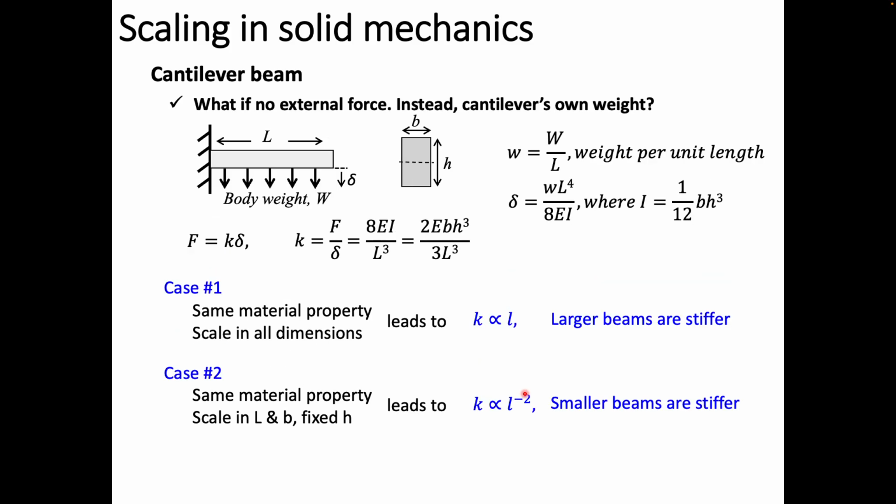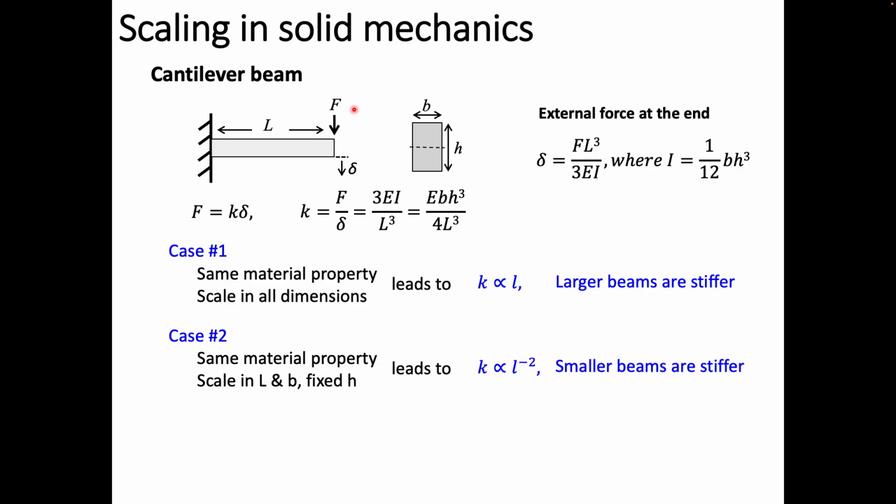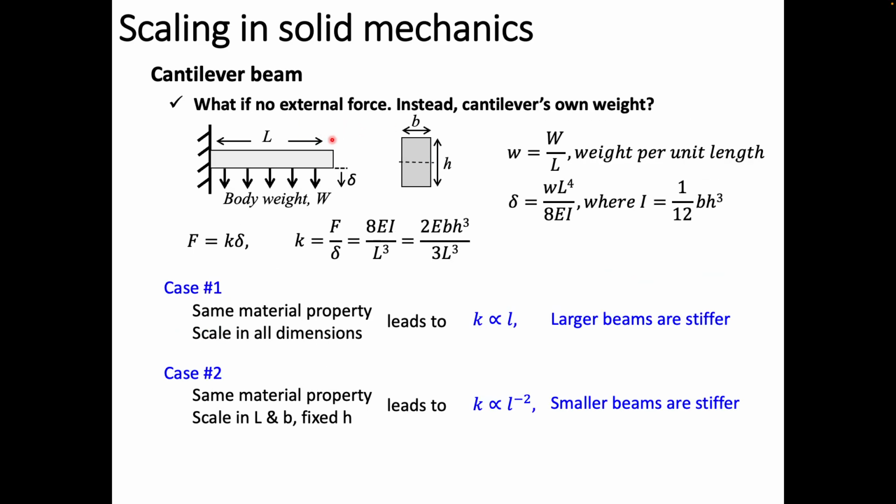This is just another example. What if there is no external force, and instead we are dealing with just the cantilever's own weight? Previously we applied the external force at the end, but now there is no external force, just the body weight, the beam's weight itself.